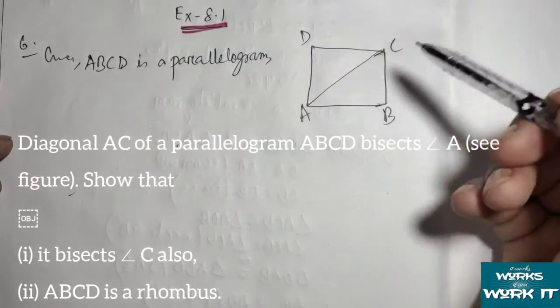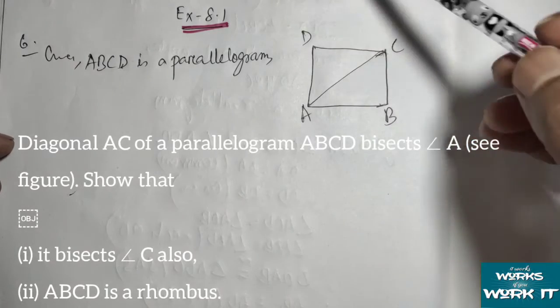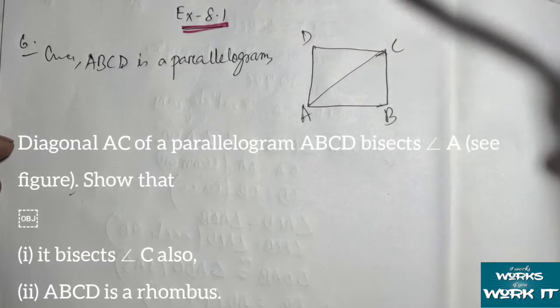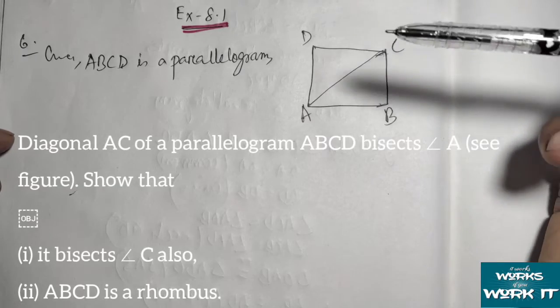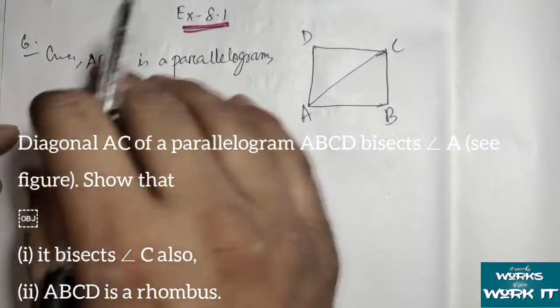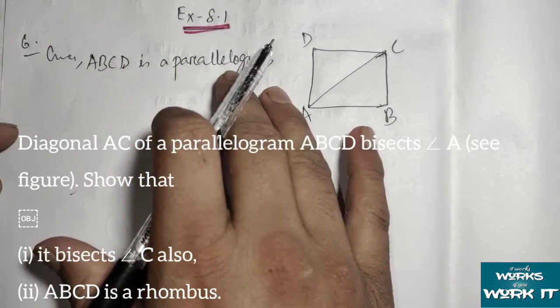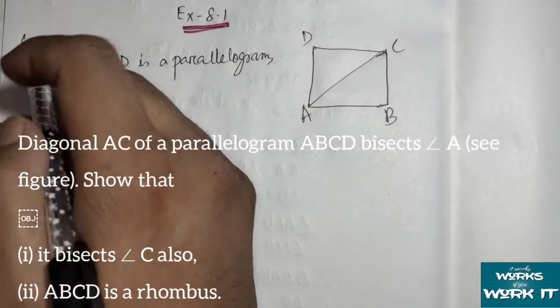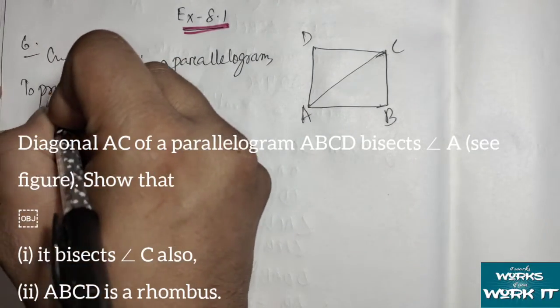Using this we can take many things from the properties of parallelograms. Opposite sides will be equal, opposite sides will be parallel. We will take that in the solution. We will not write that separately, since simply writing ABCD is a parallelogram, from there we can take any property of the parallelogram.